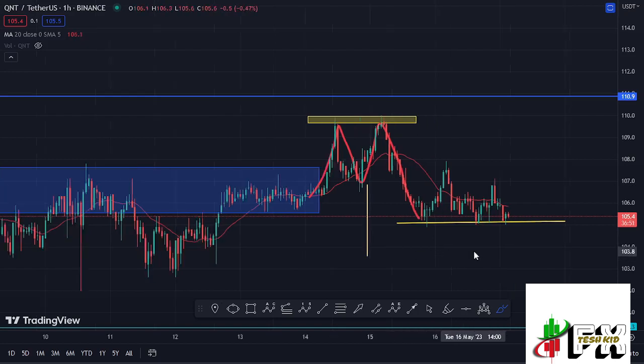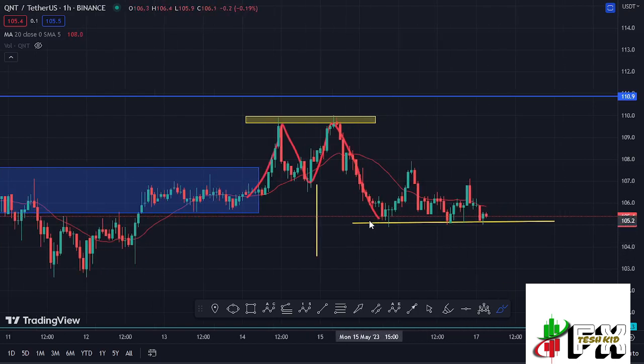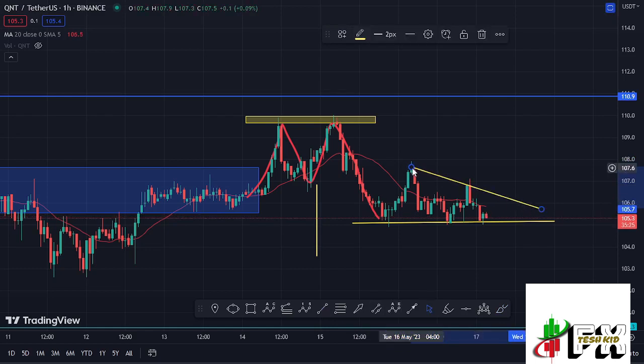And as a result of this horizontal area of support, we also have another chart pattern that is in formation, where if I draw out a trend line over here, we can have this as a triangle. So I can use a trend line to draw another trend line, so that we can have now our chart pattern over here as a triangle, which is a chart pattern that can break either to the upper side or to the lower side.